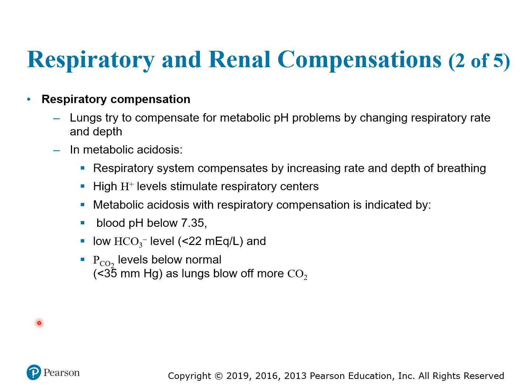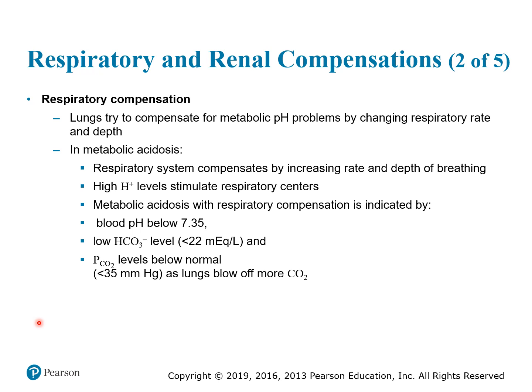When there are high hydrogen ion levels, they stimulate the respiratory centers. Just bring into mind that diagram with the chemoreceptors in the brainstem, in the medulla, and also the peripheral receptors. When they detect low pH, they increase the rate and depth of breathing.